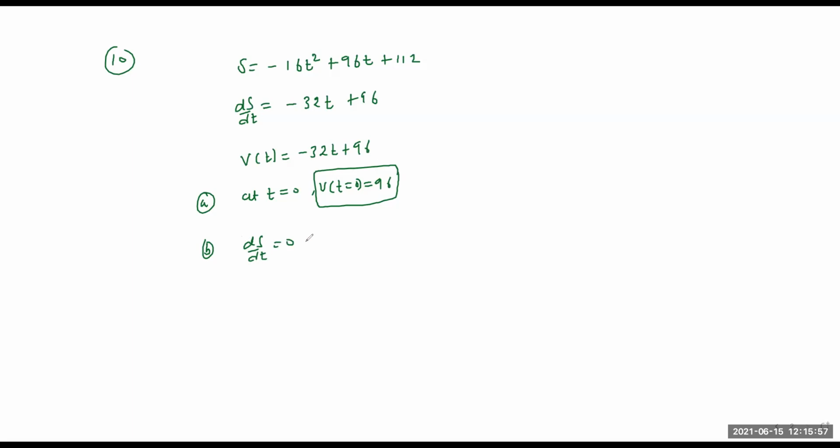This is the other way of saying that at maximum height, the velocity becomes 0, or you can say the first derivative becomes 0. So t equals 3 seconds. It means at 3 seconds you will be at maximum height. So to find the maximum height, you have to substitute the value of 3.